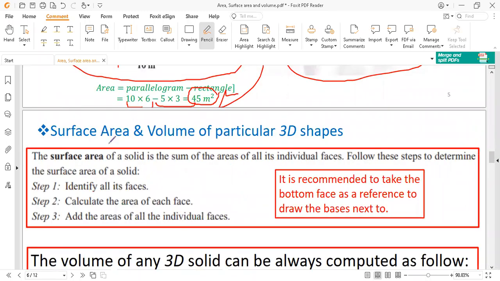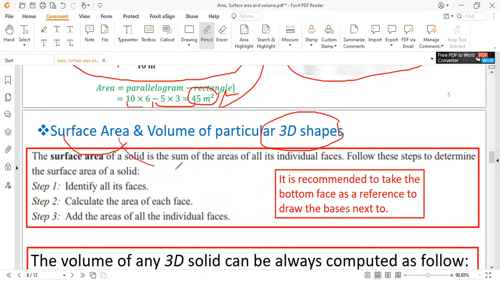What about surface area? For 3D shapes, we don't talk about area. We talk about surface area because we have different sides: right side, left side, top, bottom, front, and back. We need to know the area of each side alone, and we add all these areas to obtain the surface area.